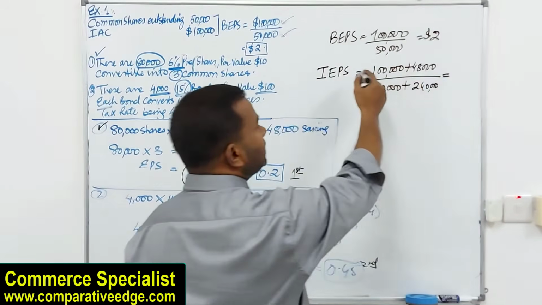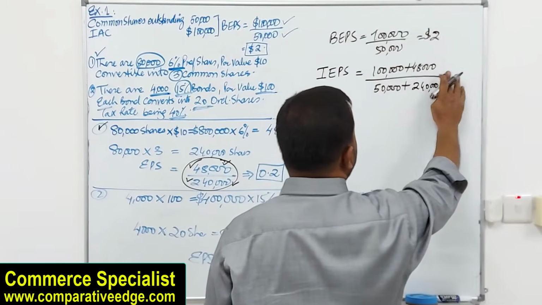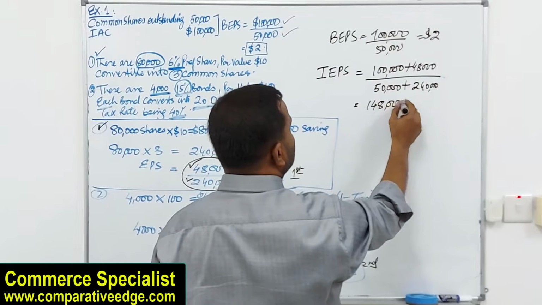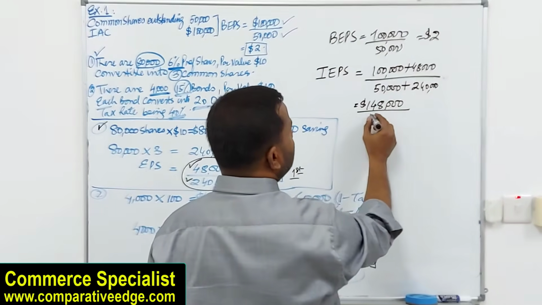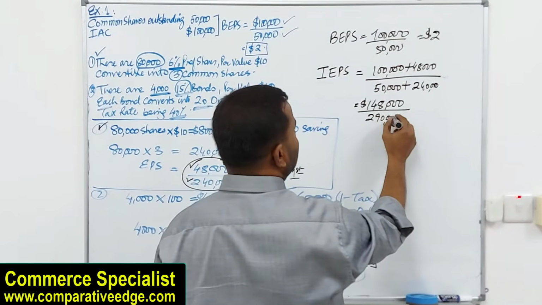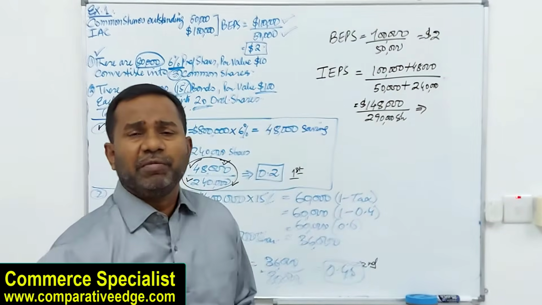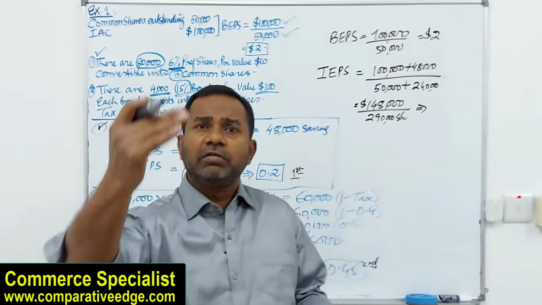When you solve this, it's 148,000 in the numerator. In the denominator, you have 290,000 shares. So what is the new EPS, and is it reducing?